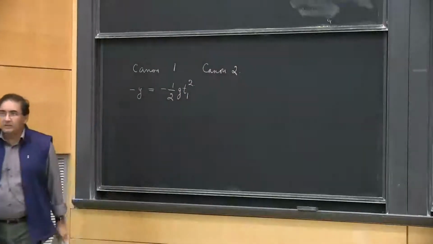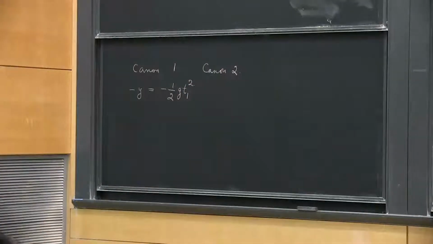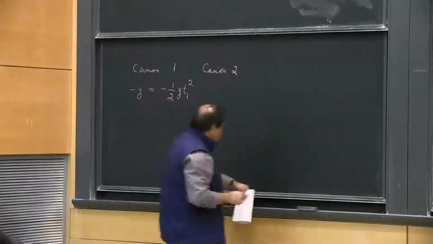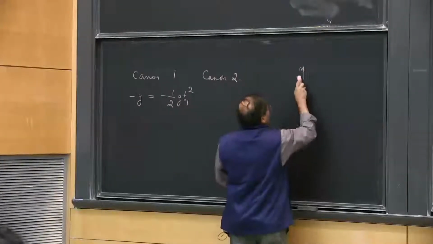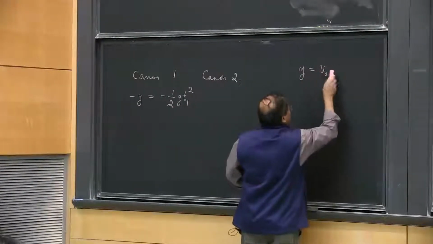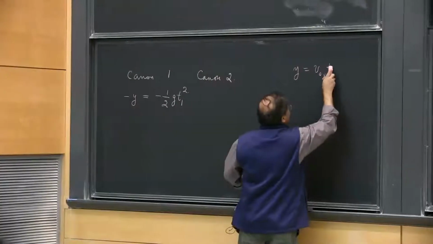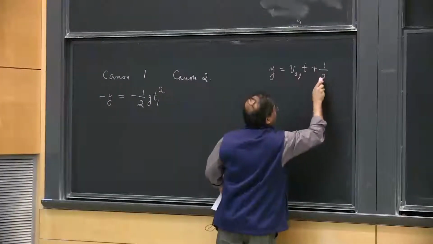Now this comes from the kinematic equation that we know very well, because initial velocity is 0, the first term, which would be v0y times t, vanishes. So the equation I'm thinking of obviously is y equals v0y times t plus 1/2 a t squared.